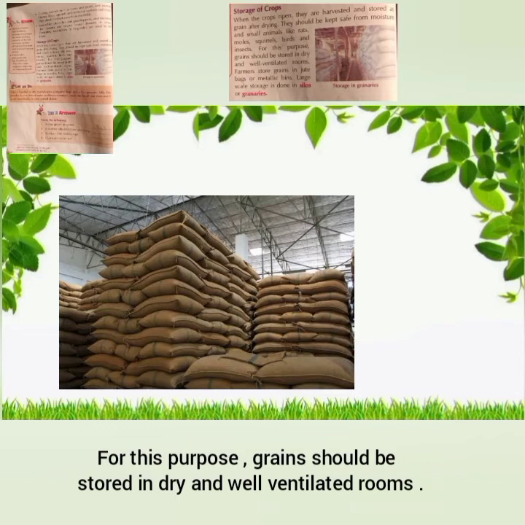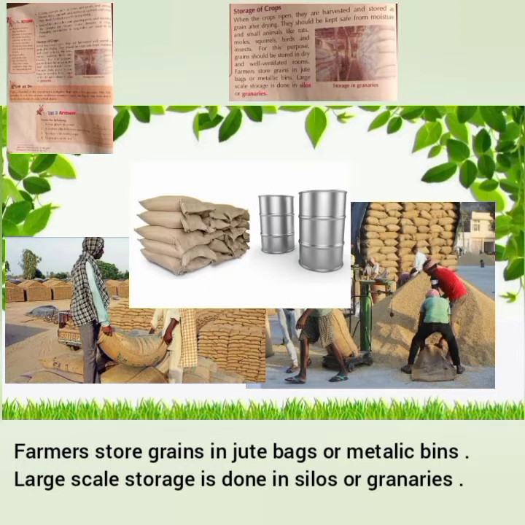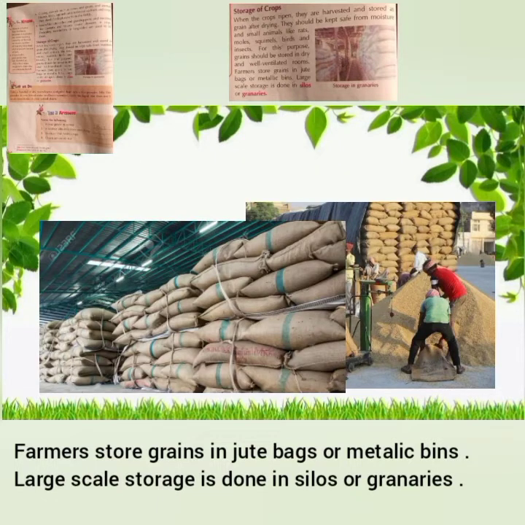For this purpose, grains should be stored in dry and well ventilated rooms. Farmers store grains in jute bags or metallic bins. Large scale storage is done in silos or granaries.